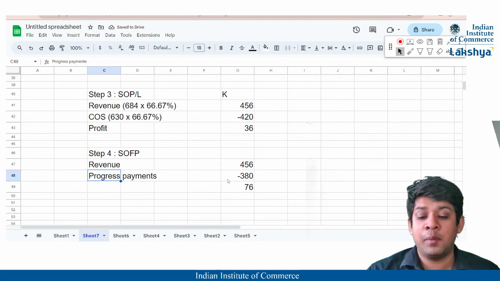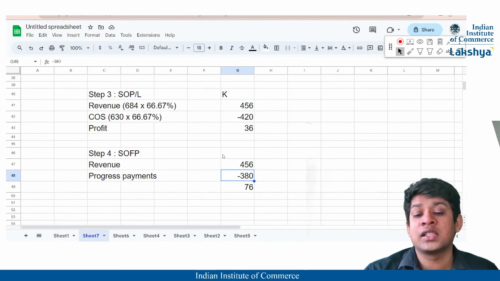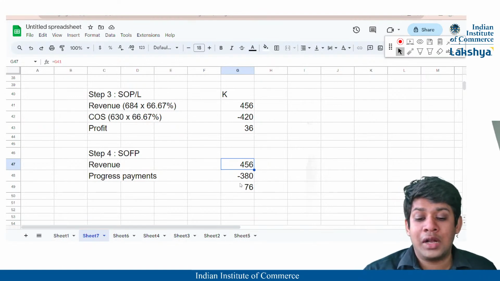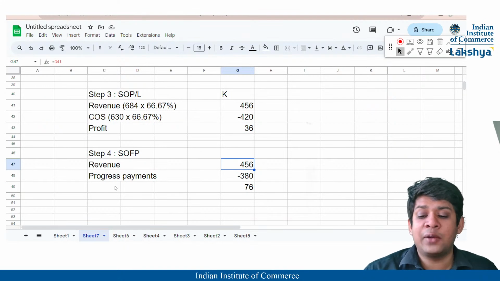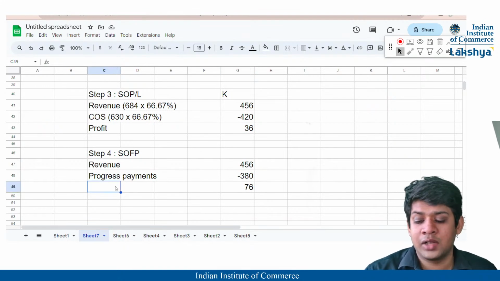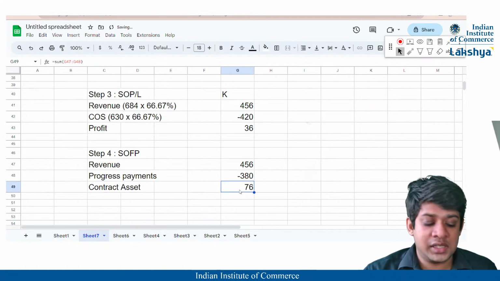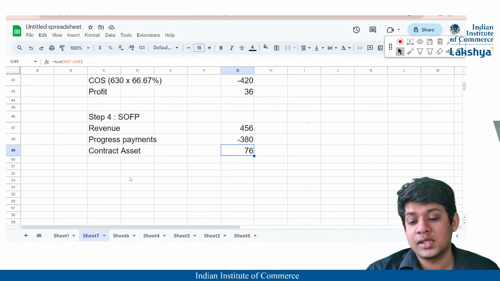If in case the progress payments were 480, that means technically the customer has prepaid me, okay, and I have not done his work yet. So whatever would be the negative amount, because 480 is greater than 456, that would be treated as a contract liability, correct? But I am not getting into the details of it. It is very straightforward, right? So my contract asset here, as per the second example, is going to be 76.